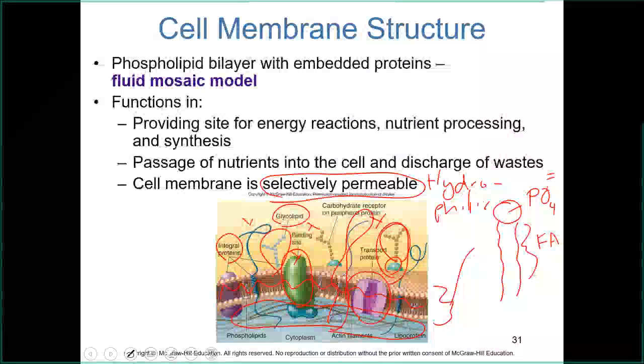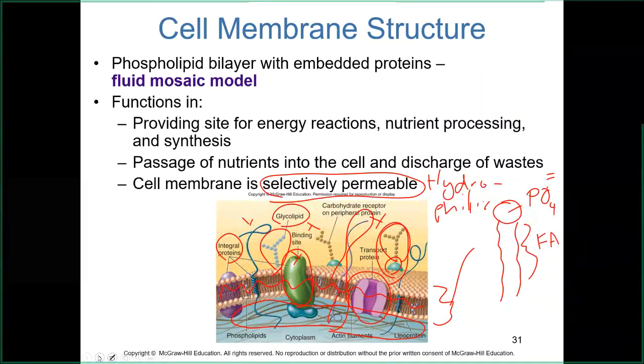The stuff on the outside will re-establish concentration within and without the cell, and you'll wind up with conditions inside the cell being virtually the same as they are outside. So cells control their internal milieu, a word that refers to the environment inside of the cell, using this cell membrane.